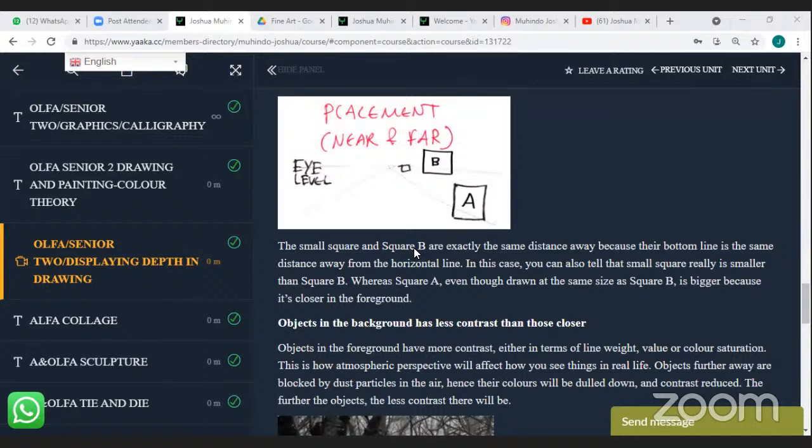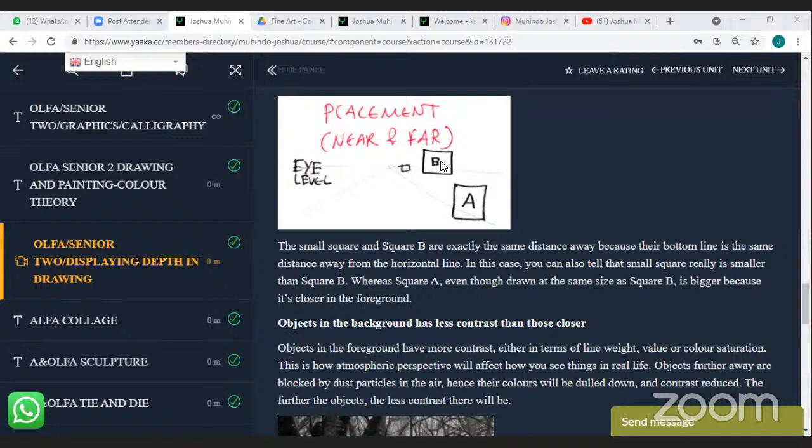Yes, so it is very key, and it basically takes me back to what I was explaining, that if objects are very far, they are small. At the eye level, where we find the vanishing point, as objects come to the eye level or the vanishing point, they become small. What he's trying to explain is that square B is bigger than square A, but because it is a bit far from square A, we tend to see that they are a bit equal.